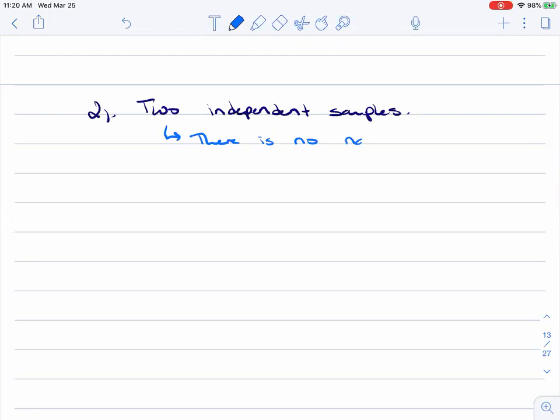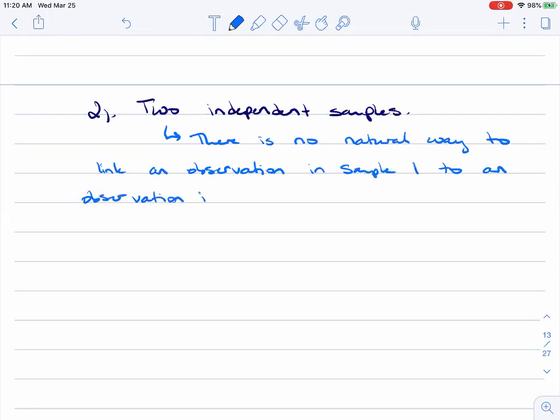There is no natural way to link an observation in sample 1 to an observation in sample 2, right? Because that would put us at a paired test.